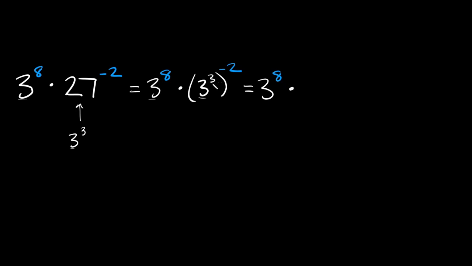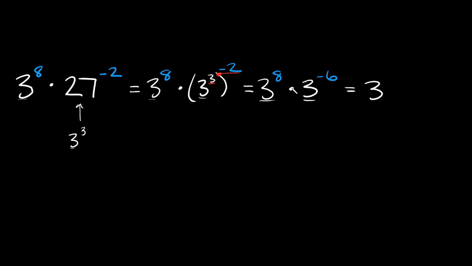So again, we have a power raised to another power, right? So how do you deal with that? You just multiply them together. So 3 times negative 2 is equal to negative 6, right? So then here we're going to have 3 raised to the negative 6th power. Okay, and then this would be equal to, again, we have the same base, right? Got a 3 there, got a 3 there, so just keep the 3.